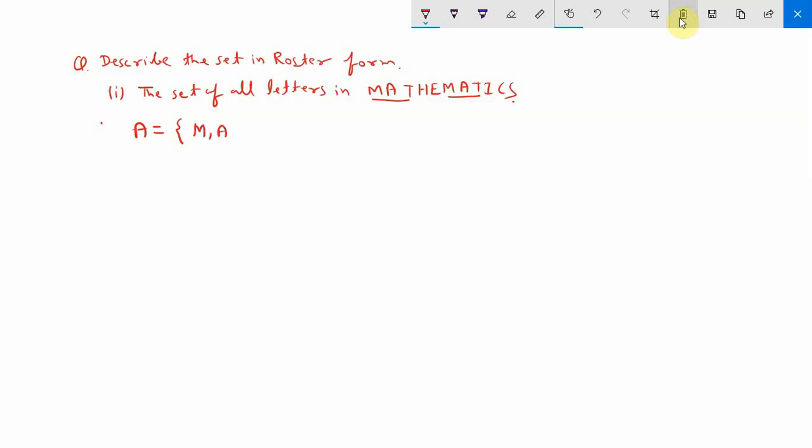So M, A, T, then H, E, then again M, A, T is repeated. We will leave that, and I, C, S. So mathematics. Order does not make any difference here. So we can write all the letters in any order. Okay, friends.